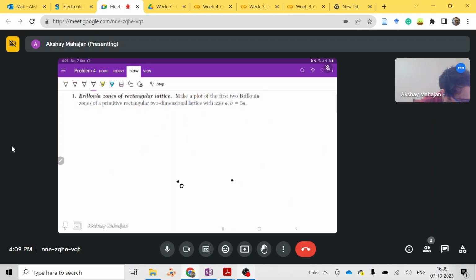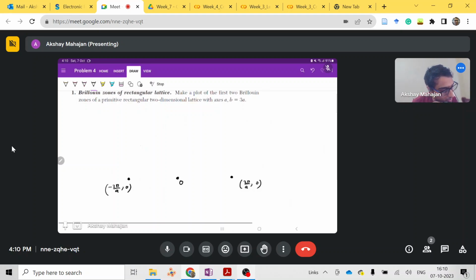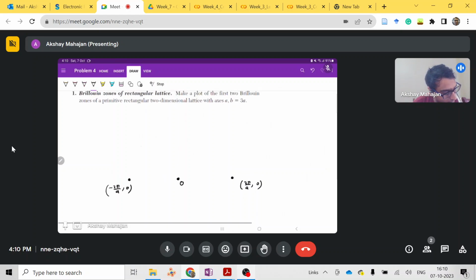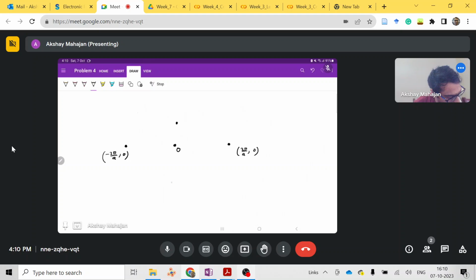Hopefully it is the same. So this will be 2 pi by A comma 0, this is my reciprocal lattice point, and this is minus 2 pi by A comma 0. Now, because B is 3A, the other points will be closer.